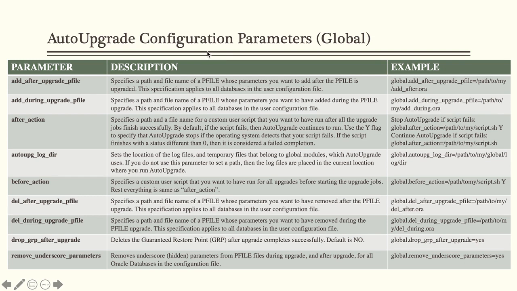How to do this? As an example, you can say global.add after upgrade p file equals, give some custom path of your p file where you have stored those parameters. So Oracle will make sure after the upgrade is done, all the parameters that you mentioned in this parameter file are copied into your upgraded database.